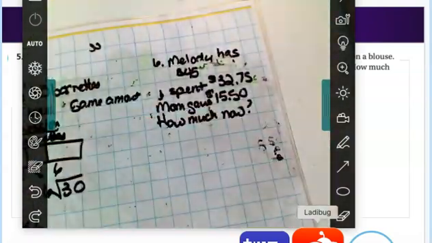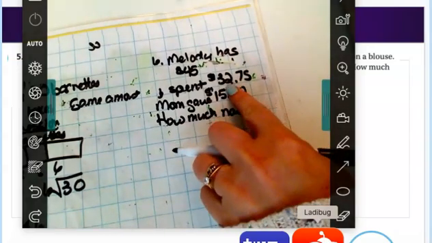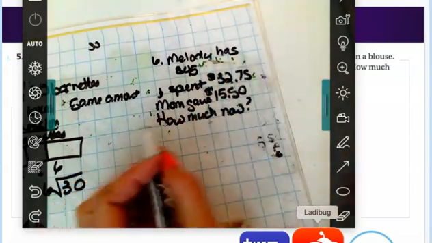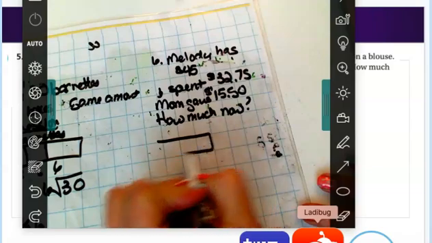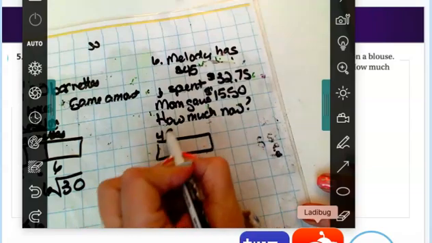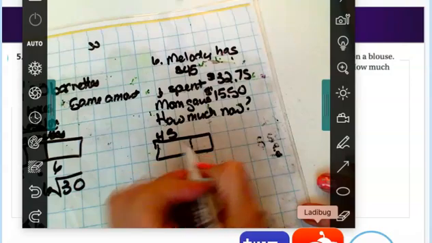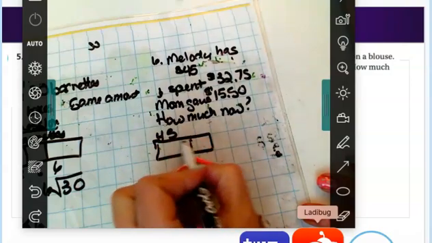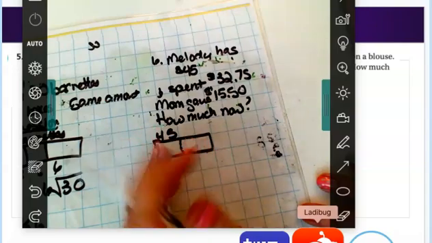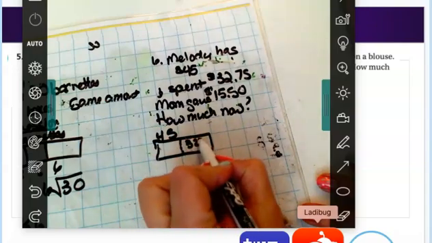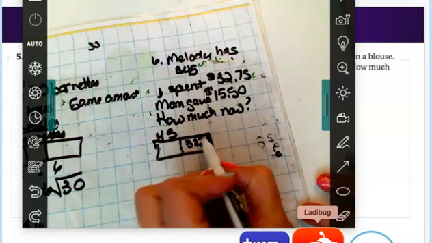Sorry. Melody's over here. She has $45. She's spending this much. Then her mom gave her this much. So I'm going to again go back to my bar chart. She has $45 altogether. She's going to spend, try to make it more realistic, $32.75. So she's taking that away.